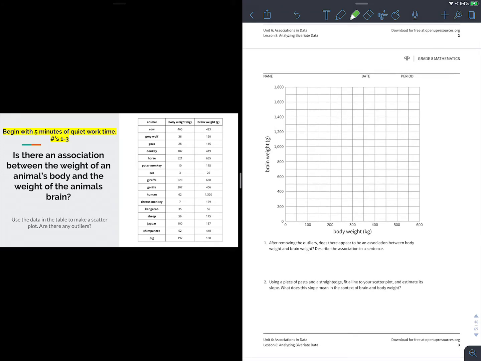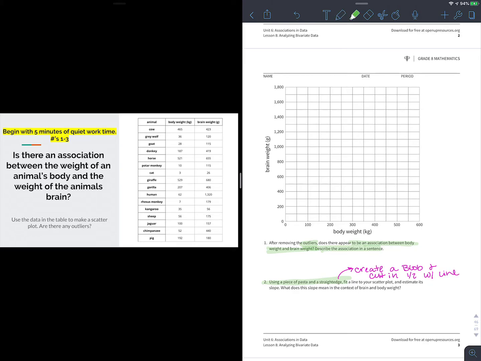And then you're going to be looking for any outliers to determine if you need to remove them. And then trying to see if there's an association between the body weight and the brain weight, describing it in a sentence. And now you don't have a piece of pasta here, but we did talk about creating a blob. Create a blob around your data and cut it in half with a line using a straight edge, so you can go ahead and do that.